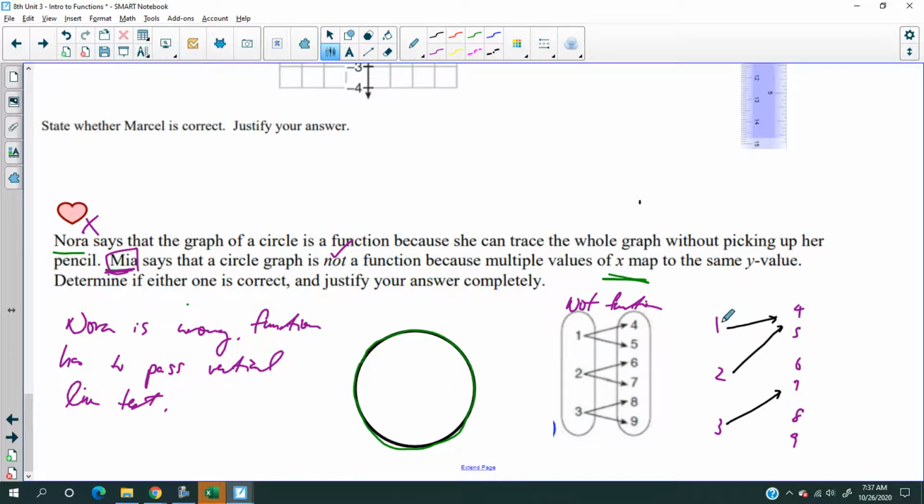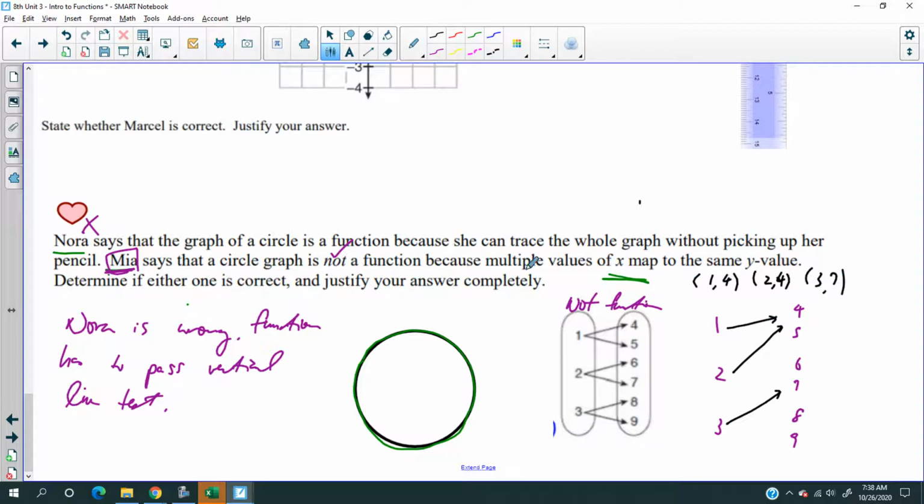That's not true. That's a function, because nothing repeated. Here, the 1 repeated twice, 2 repeated twice, 3 repeated twice. But look, if I were to write this out, this is 1, 4, 2, 4, and let's say 3, 7, right?